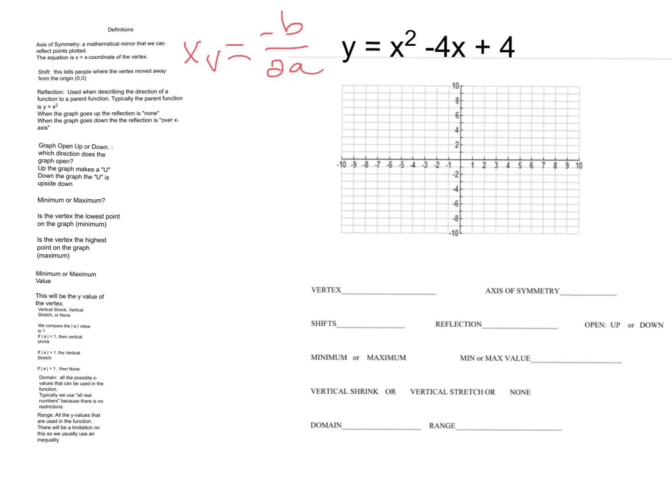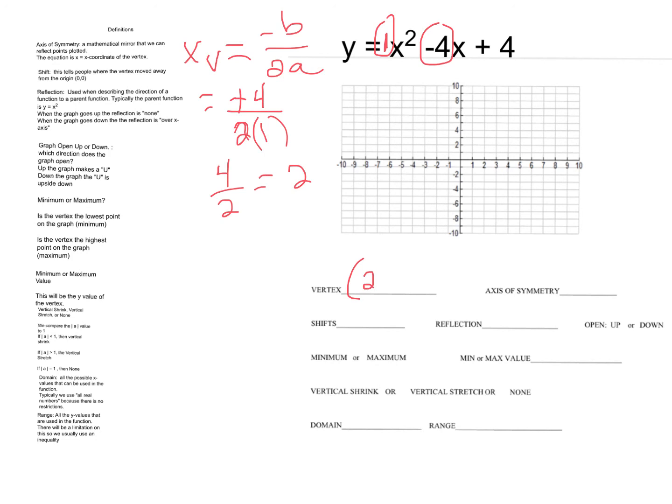Here's my b value, and 1 is my a value. So this is going to equal negative negative 4, which is positive 4, all over 2 times 1. Or you can get 4 over 2, which is just plain old 2. So the x-coordinate of the vertex is 2.